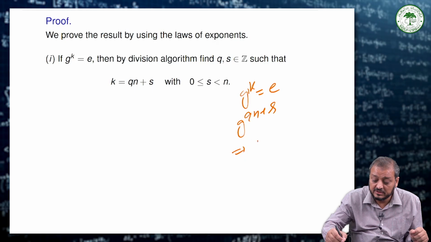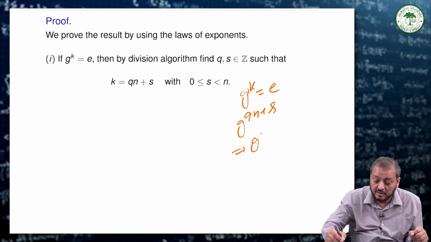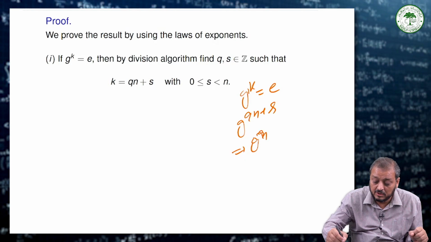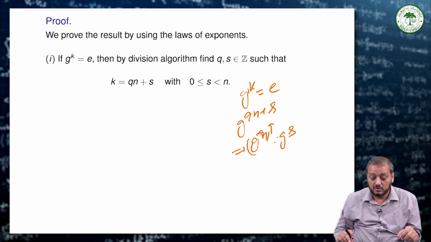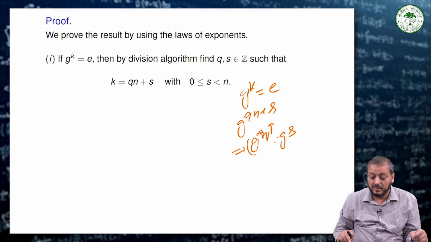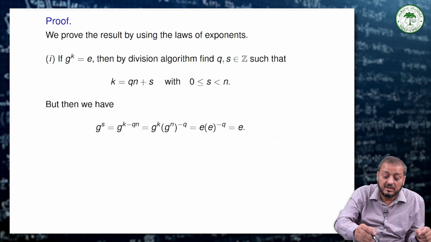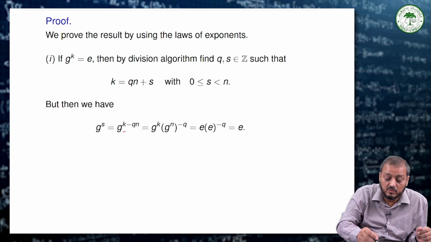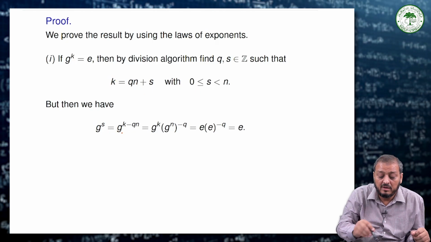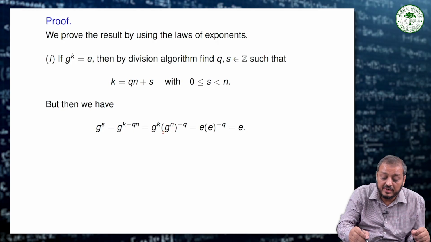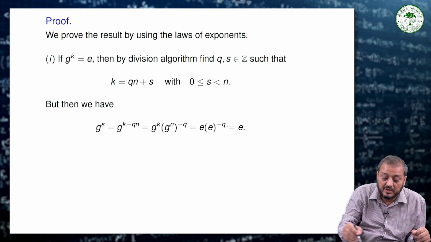So we can write a^(qn+s), and this is a^(qn) into a^s, that is, a^k equals identity. Then a^s can be written as a^k into a^(k minus qn), and a^(qn) is equal to identity, and a^k is also identity.